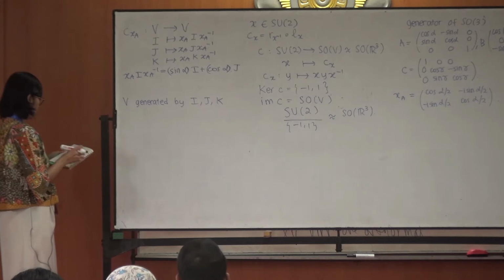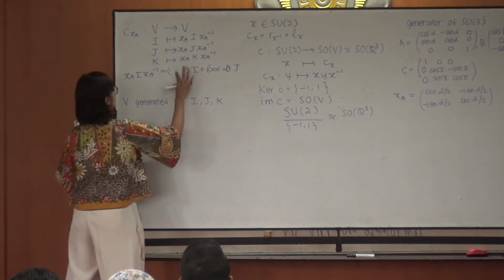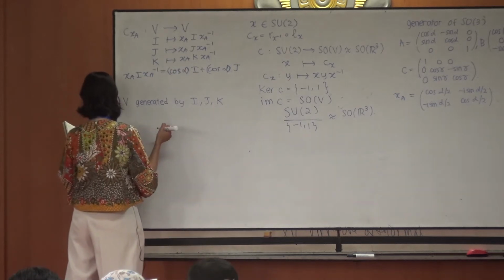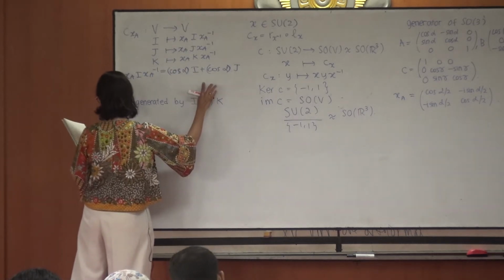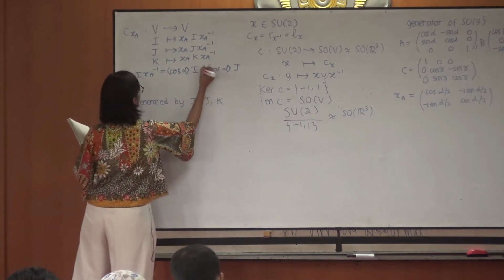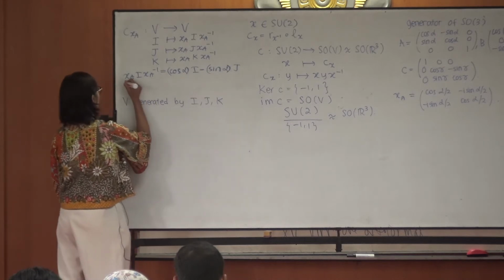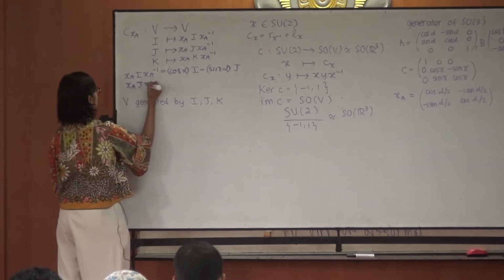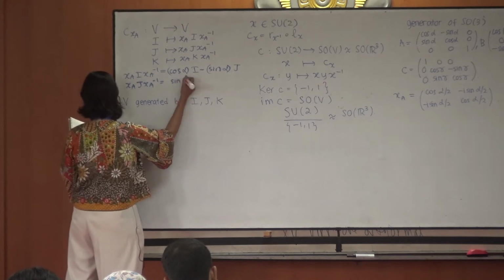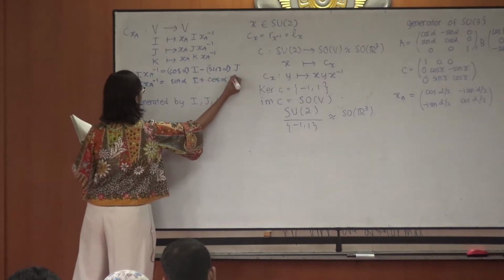For this one, cos alpha, and then minus sin alpha, and for XA J XA inverse, you get sin alpha I plus cos alpha J.